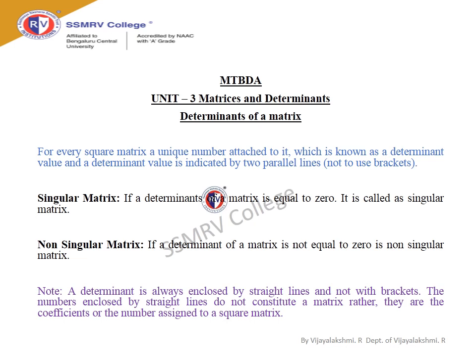And if you don't get 0, that is, if the determinant of a matrix is not equal to 0, then it is called a non-singular matrix. A note is given which tells you that the elements of a determinant will be indicated between two straight lines. The elements will not be written in between brackets, they will be written in between two parallel lines.